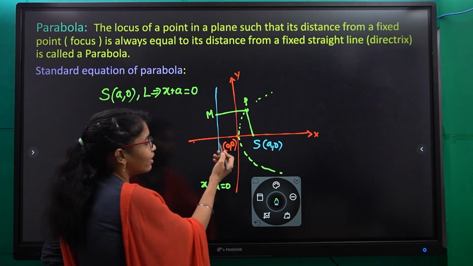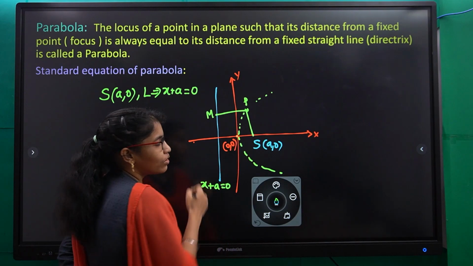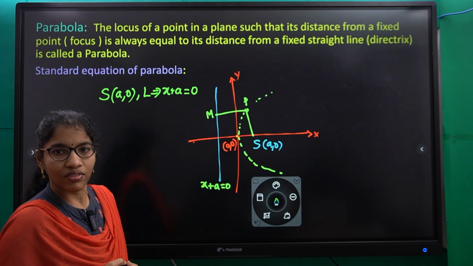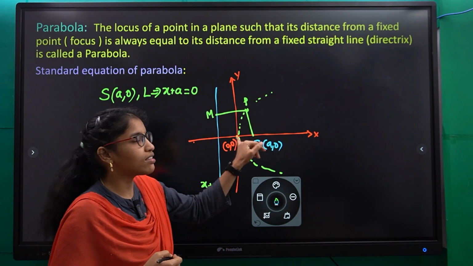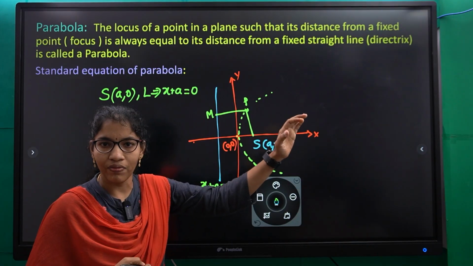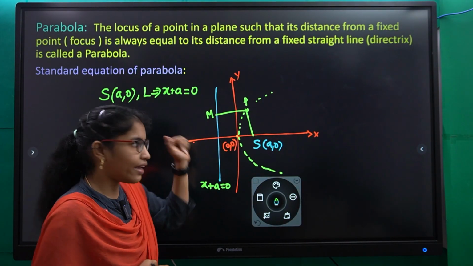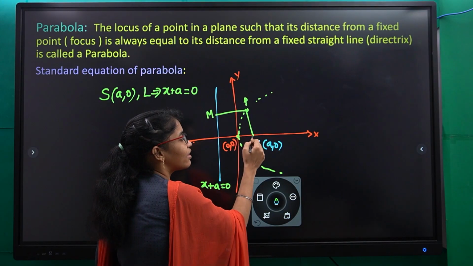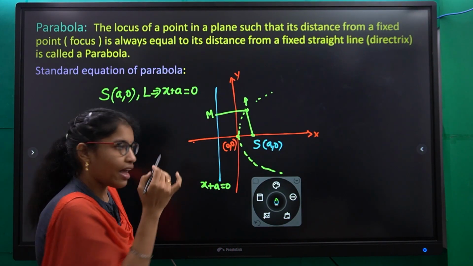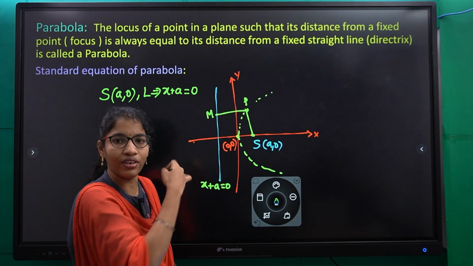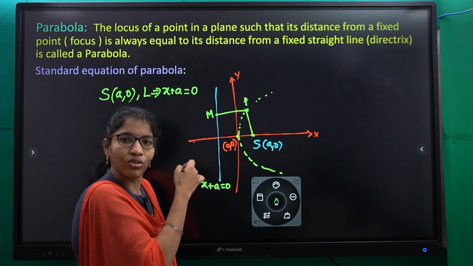Whenever you come to the vertex, the vertex is also lying on the axis, and the focus is also lying on the axis. That means the vertex and the focus are lying on the axis, and the vertex is on the parabola.